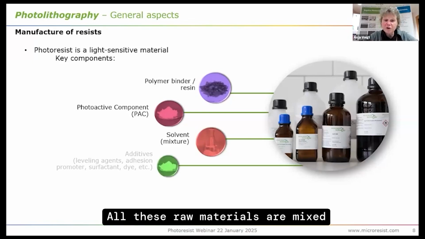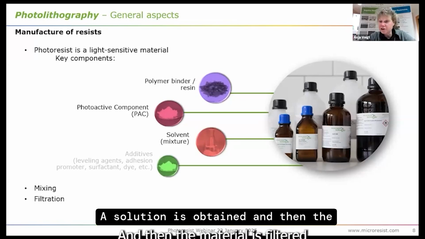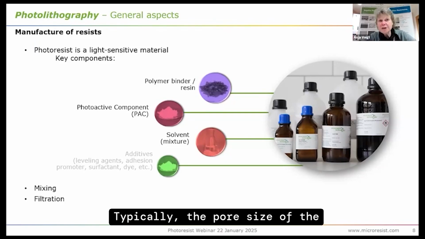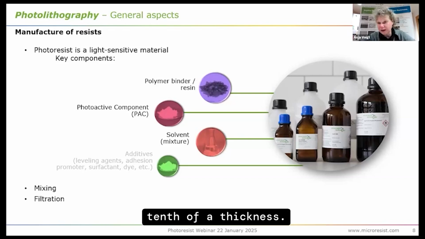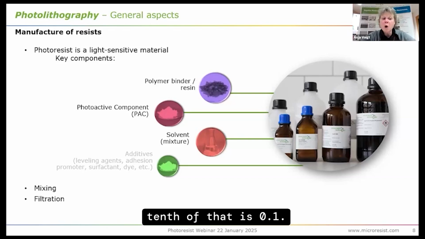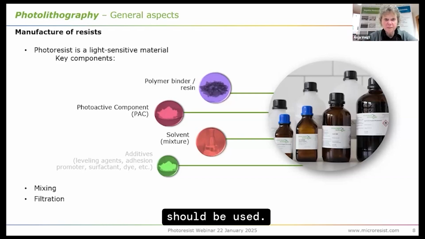All these raw materials are mixed until a clear solution is obtained, and then the material is filtered through a syringe filter. Typically, the pore size of the filter, that's a rough formula for that, is 1/10 of the thickness. So if you want to have a resist layer of 1 micron thickness, 1/10 of that is 0.1 micrometer, so that pore size for the filter should be used.